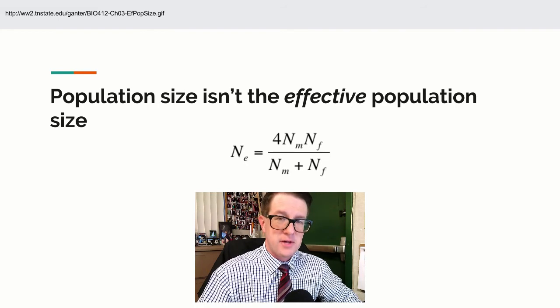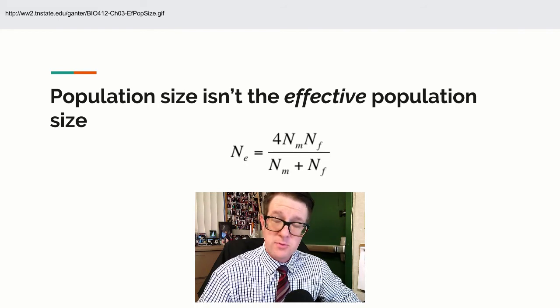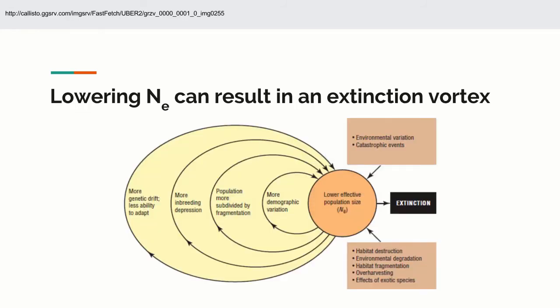And that's the population that turns out to matter, especially when we talk about populations in decline, because when the effective population size, the reproducing portion of the population, gets too small, what you end up getting is this cycle. And not all of these terms can make sense to us yet, like the genetic drift and the inbreeding and all that.